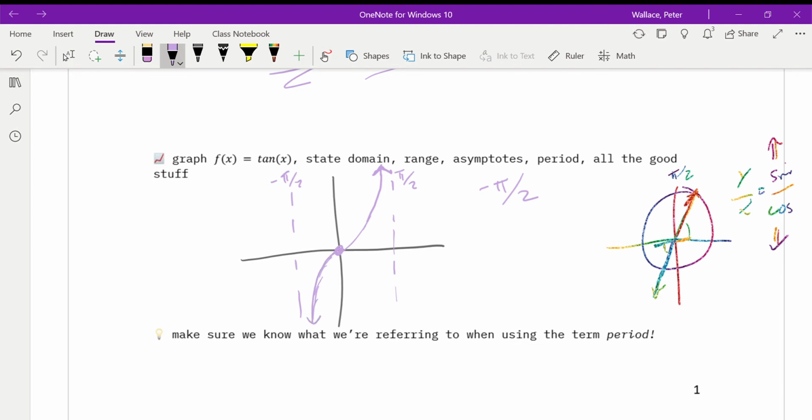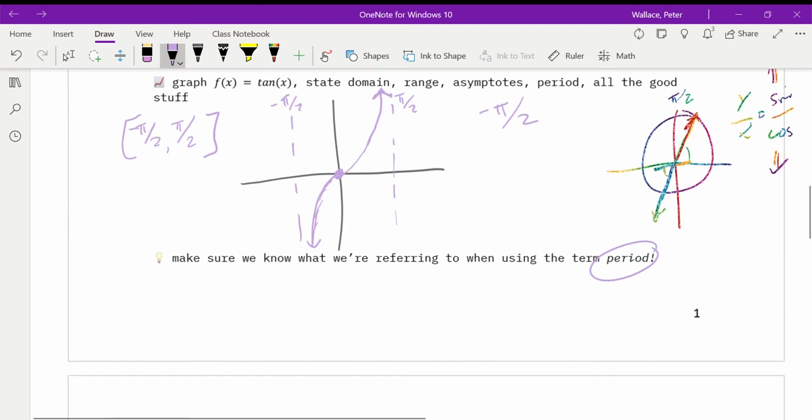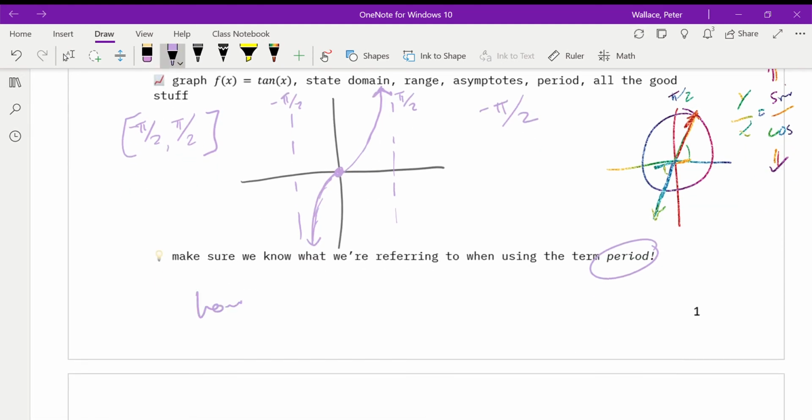So domain, we've got negative pi over 2 to pi over 2. And this is going to repeat because you can keep going around the circle. Our period is how long it takes to repeat.